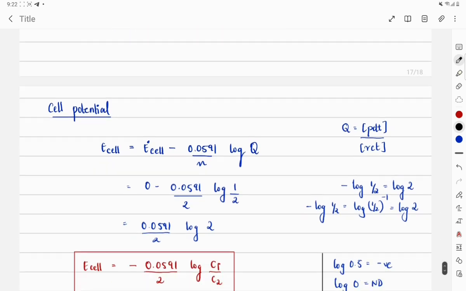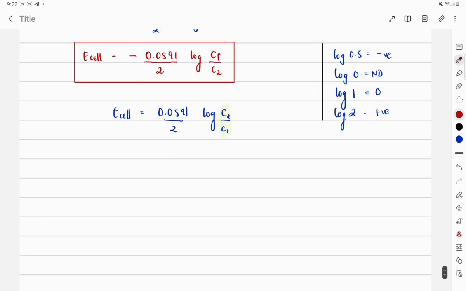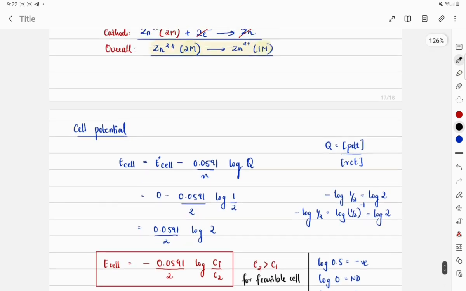That's a must in this reaction. So we'll write the condition: C2 should definitely be greater than C1 for the cell to be feasible. Okay. This is it about electrolyte concentration cell.